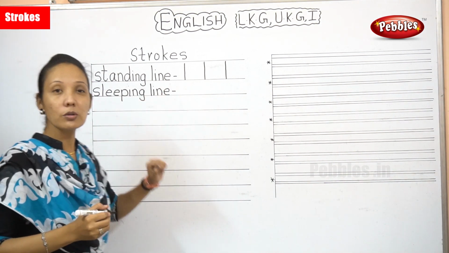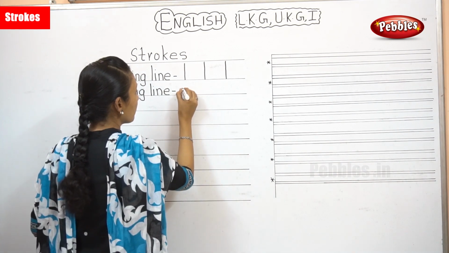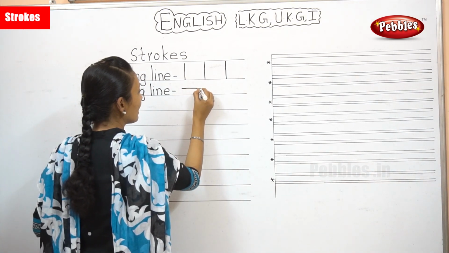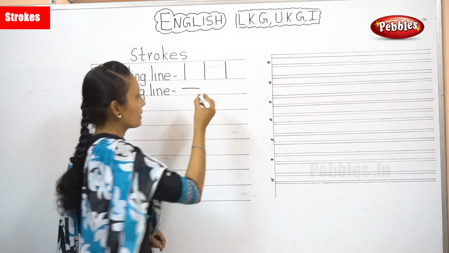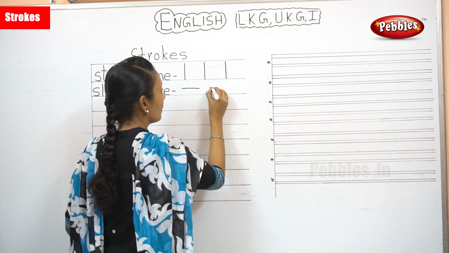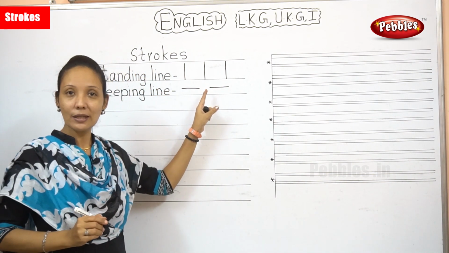Now I will show you how to write the sleeping line. Now this is your sleeping line. Okay, what is this? Yes, sleeping line. Once again, this is sleeping line.